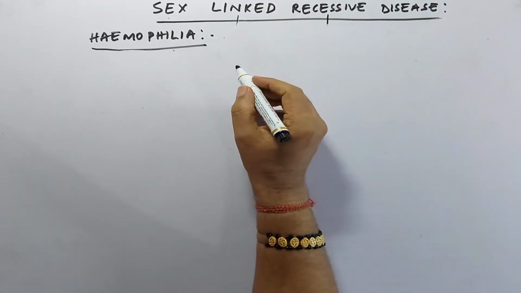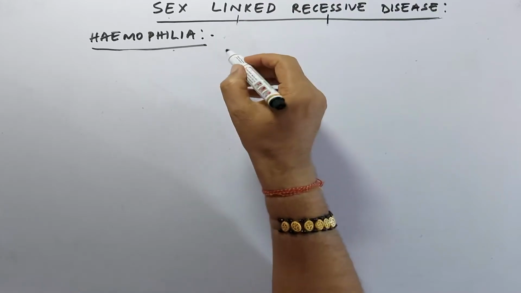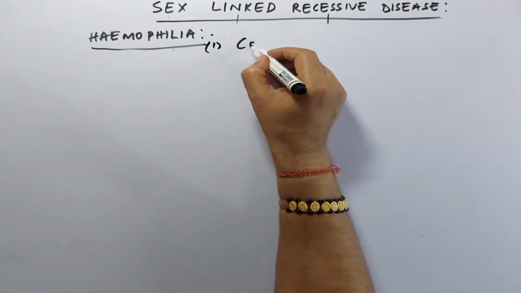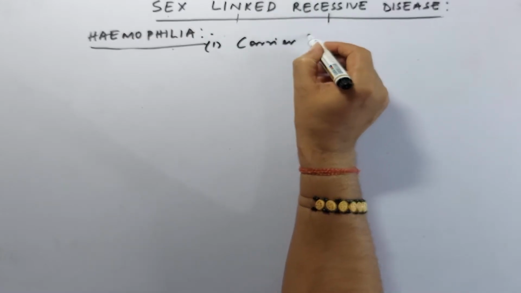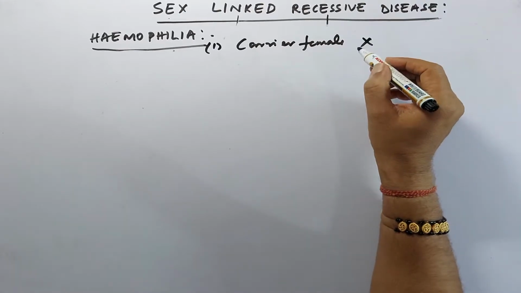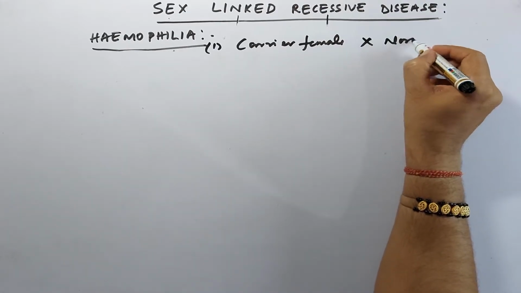First case: we take the cross of a carrier female and a normal male.